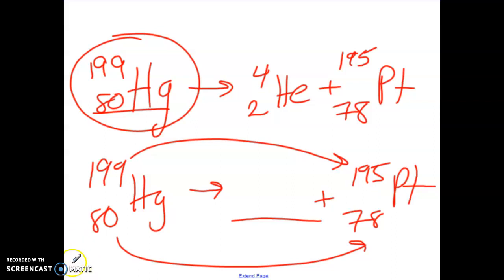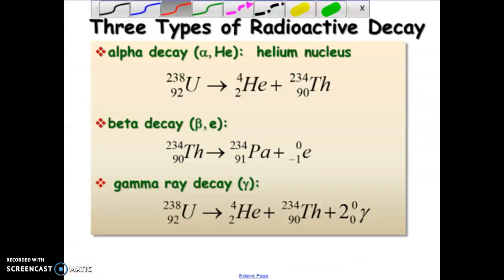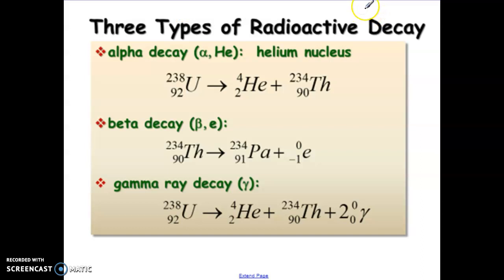Let's take a look now at beta decay. So beta decay is different. Of course, the setup is the same. Remember, we're changing the nucleus. So the symbol for beta radiation is this right here.